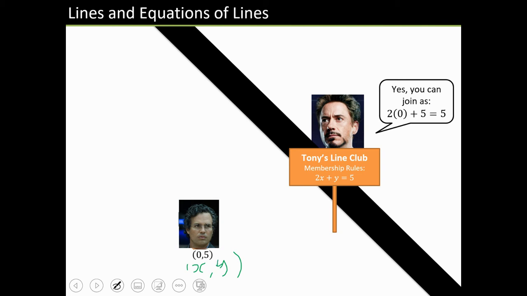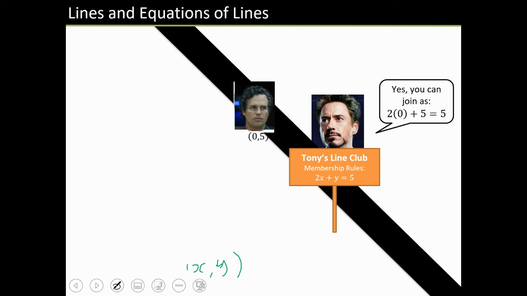So 2 times 0 is 0, plus the 5, which is my y, gives me 5. And therefore, because it satisfies the equation, because the equation is true, that point actually is on that line.